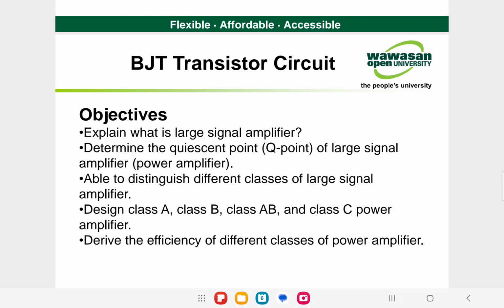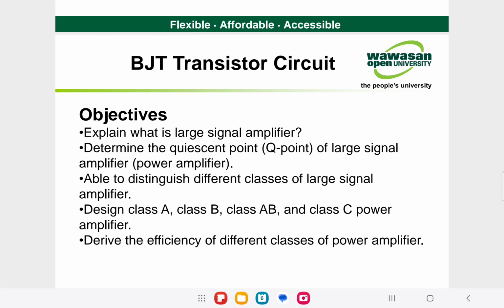This power amplifier utilizes a large portion of the load line. It is used to deliver high power to a low resistive load. Thus the analysis of the power amplifier is not the same as its corresponding small signal amplifier counterpart. The power amplifier is normally used as the final stage of a receiving or transmitting system.